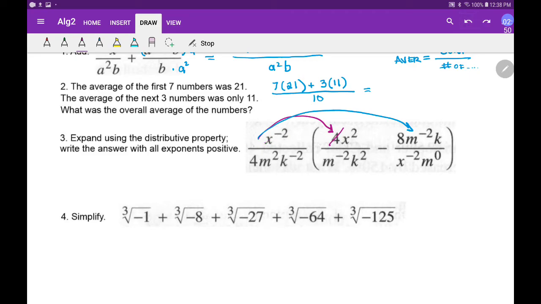And the 4's are also going to cancel, so I don't need to write that down either. I have a 1 on top. And on the bottom, my m's, it's going to be m to the 0. Don't need to write m down. And I have k to the 0. Don't need to write that either. So that's all, it's just 1. The first term is 1. 1 minus whatever you get.